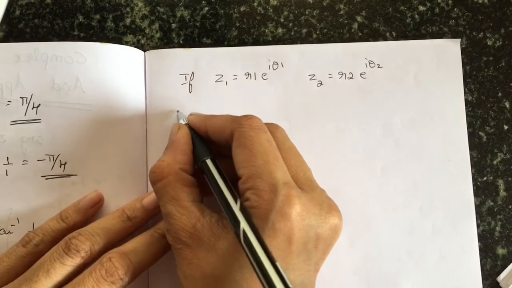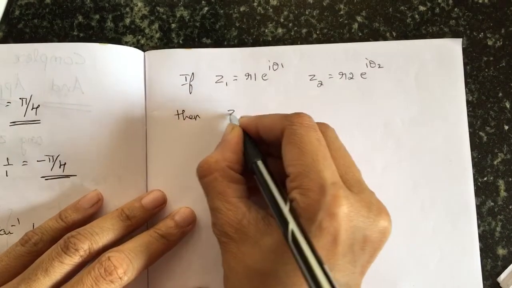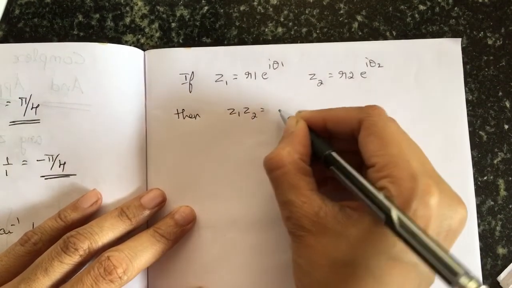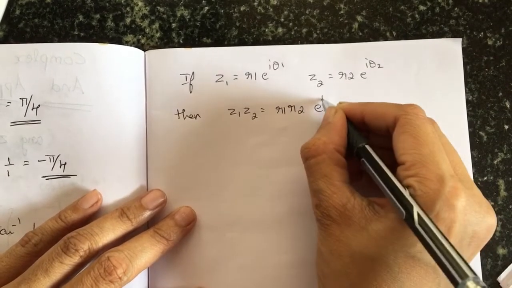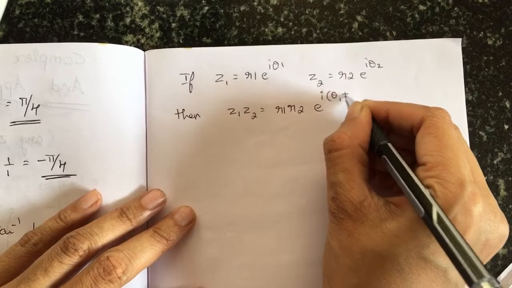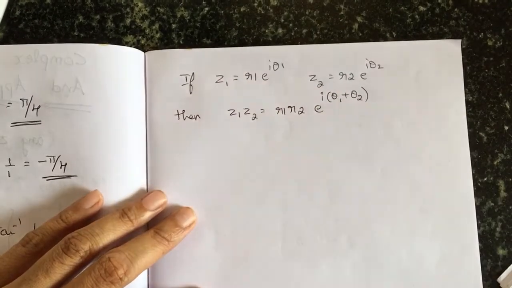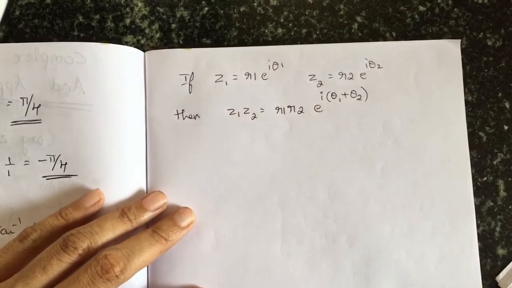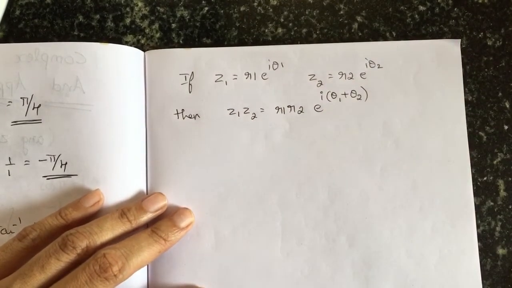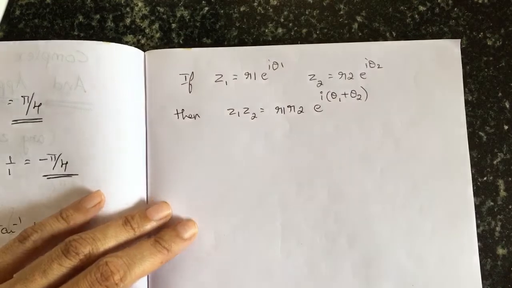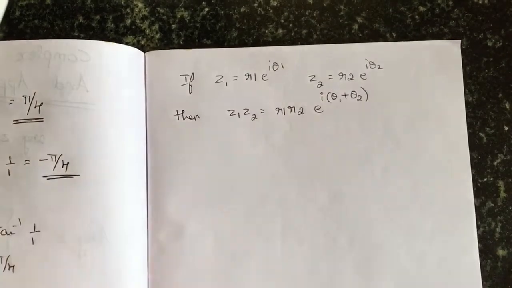Then we know z1 into z2 will be equal to r1 into r2 into e power i (theta 1 plus theta 2). This we know, right? So now the thing is, what happens to the argument of z1 z2?